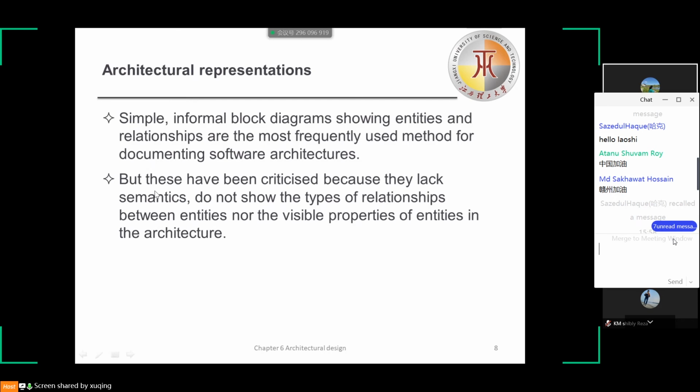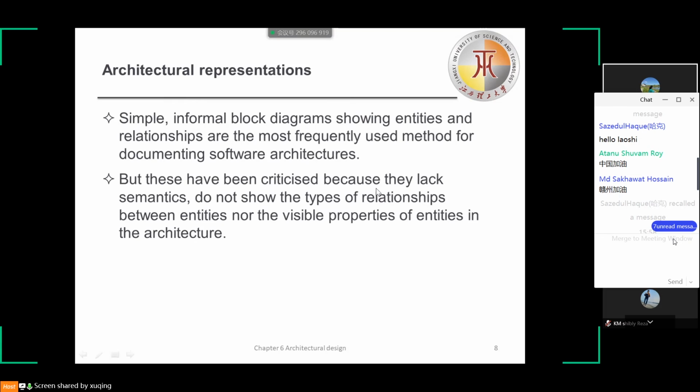We see that simple block diagrams have been criticized because they lack semantics. They do not show the types of relationships between entities nor the visible properties of entities in the architecture. That means, as shown by the figure, block diagrams present a high-level picture of the system structure.